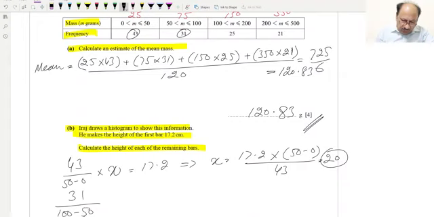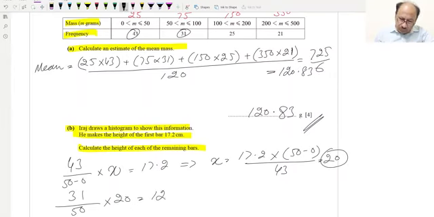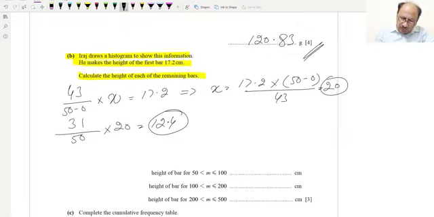Multiply by 20, and this will be 31 multiplied by 20 and divided by 50, which is equal to 12.4. So the height of the bar from 50 to 100 will be 12.4.